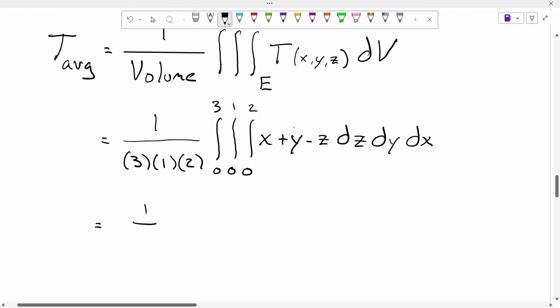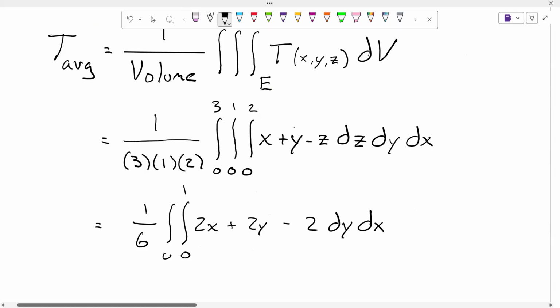This will be 1 over 6. So that's what the volume will simplify to. Integrating that part in the middle: zx from 0 to 2 is 2x. Zy from 0 to 2 is 2y. And minus z squared over 2 from 0 to 2, 4 over 2 simplifies to 2. dy dx, still 0 to 1, still 0 to 3.